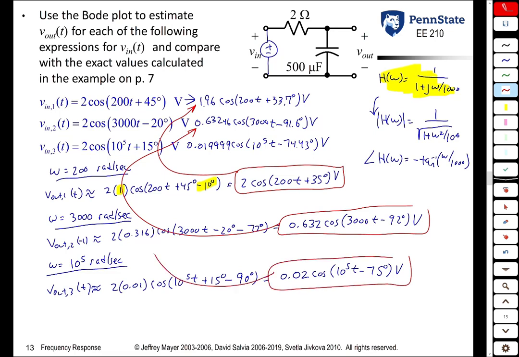And this is close to, but not identical to, what you get plugging things in and doing the math exactly. Bottom line, we could use the Bode plot to get a quick estimate of what the output voltage or current would be without doing all of the math.